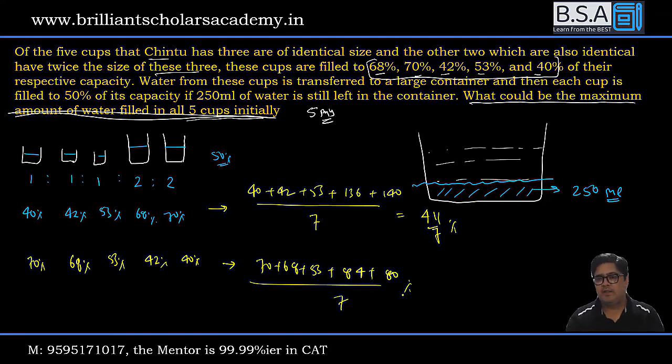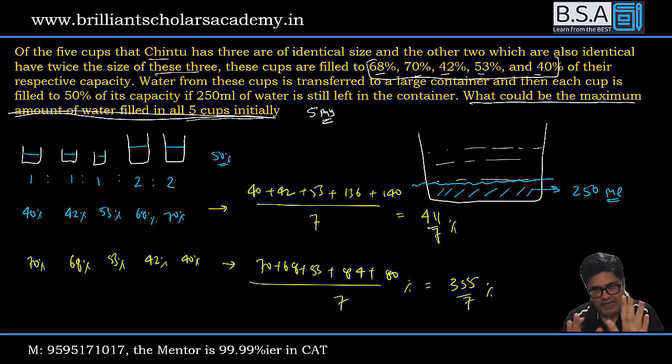So I'll observe this as 70 plus 68 plus 53 plus 80 plus 84 is equal to 355 upon 7.